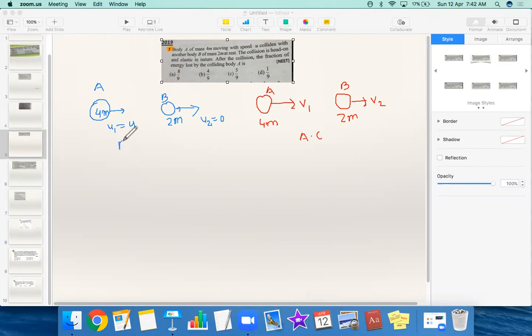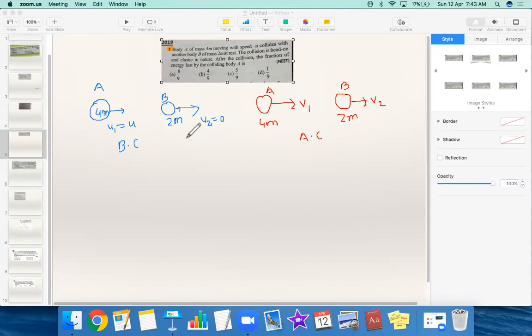So I told you to remember 3 formulas in the last video, and this kind of collision is called a one-dimensional elastic collision. So for a one-dimensional elastic collision, the velocity of approach before collision must be equal to the velocity of separation after collision.